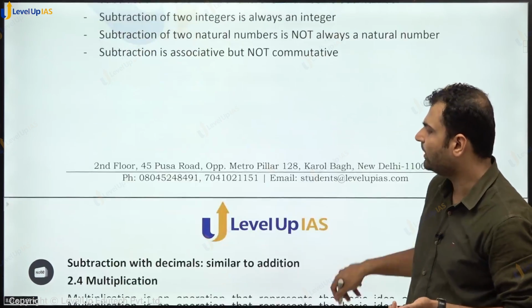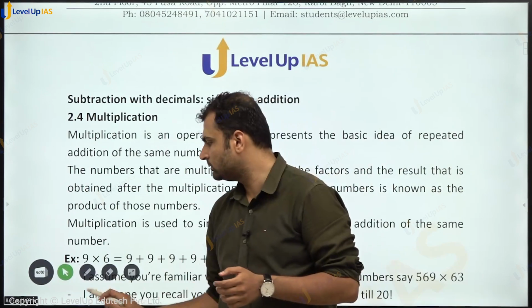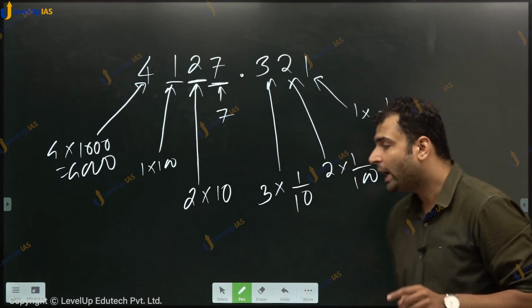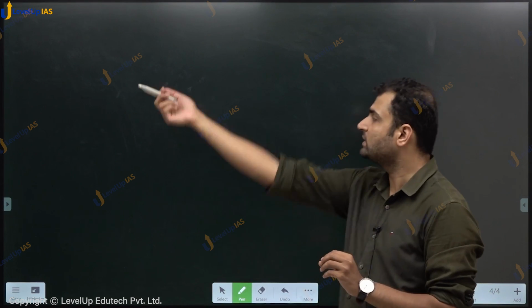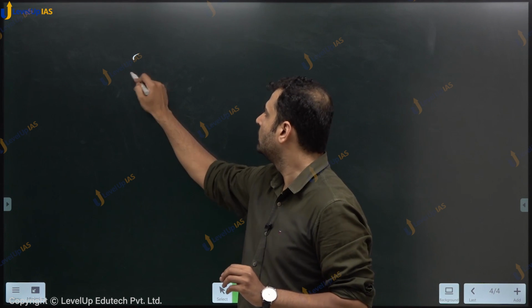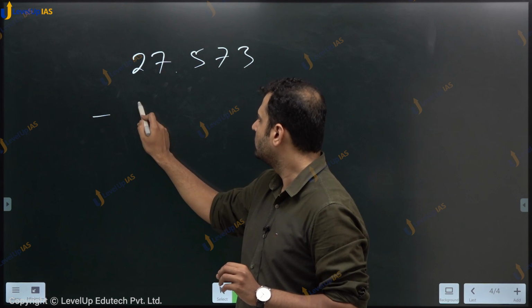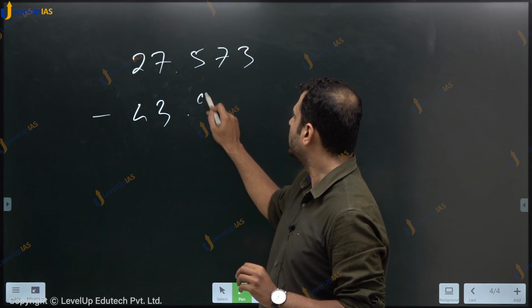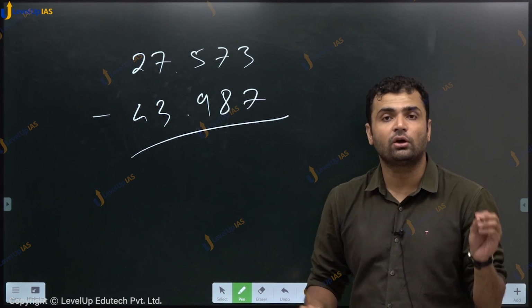Fine. Next is subtraction with decimals, which is similar to addition, but there is one caveat, and a lot of students make a mistake here, and I don't want you to make that mistake. For example, if you are subtracting something like 27.573 minus 43.987, and you do it directly, you will get a wrong answer.